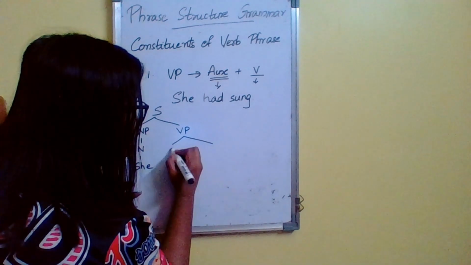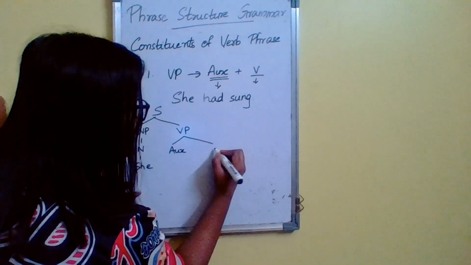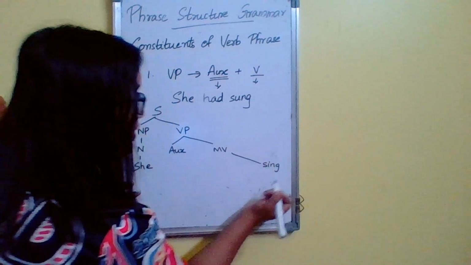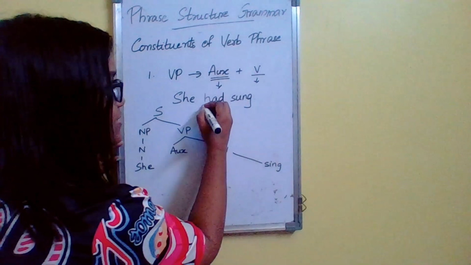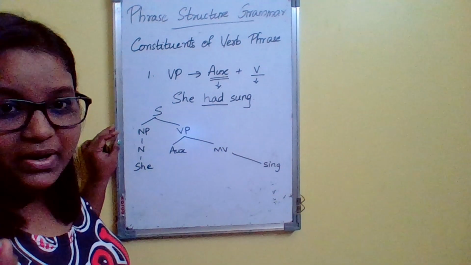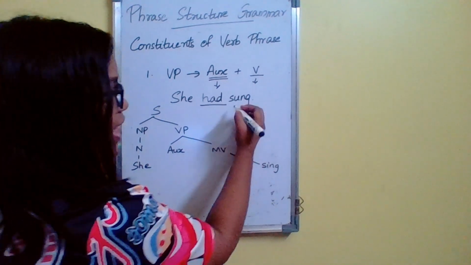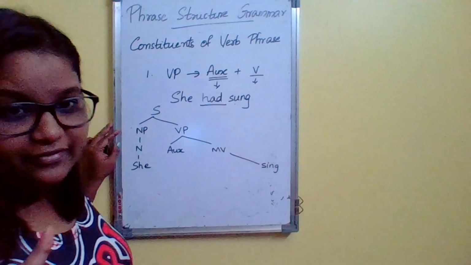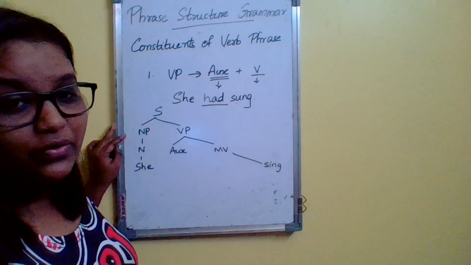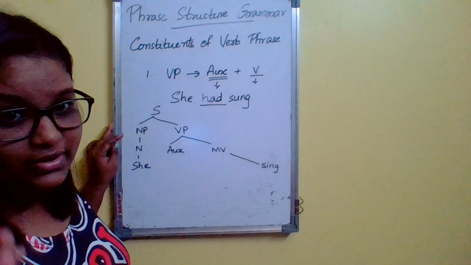VP, first of all, auxiliary plus main verb. Let's remove the main verb sing here. And auxiliary here is, we have to account for had, which is perfective. And the verb is in the third form. Verb is in the past participle form. So we have to account for both these details.